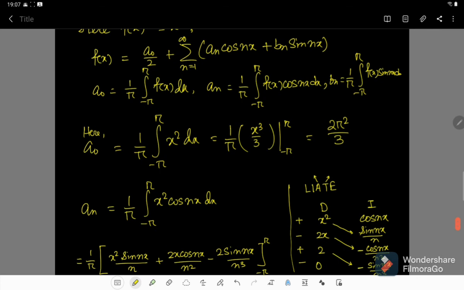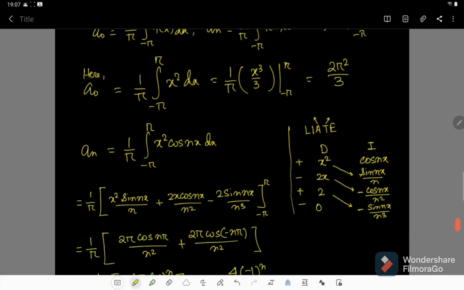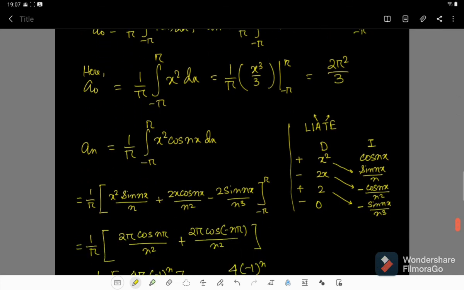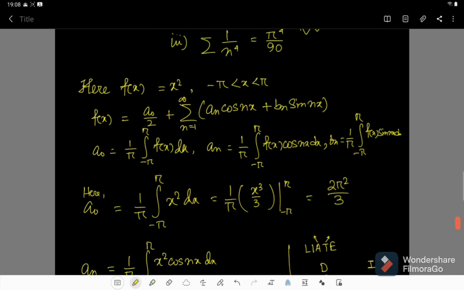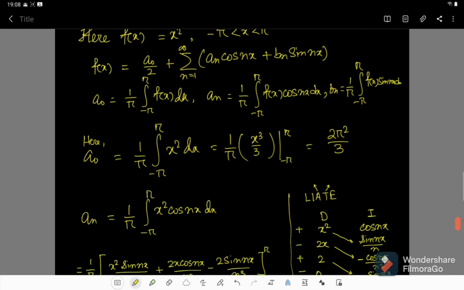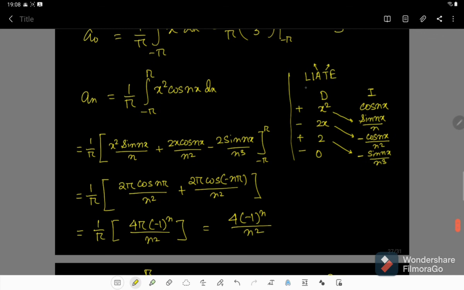Moreover, I have used a shortcut technique for performing tedious by parts integration. You can see that using this method I can solve the by parts integration quite easily, and if you do it yourself also, I think that you will also be able to perform the integrations quite easily.